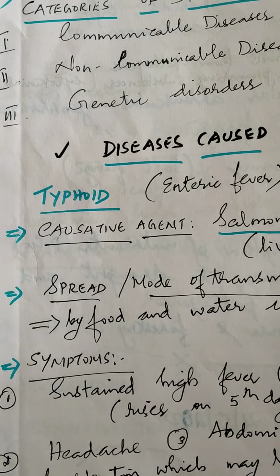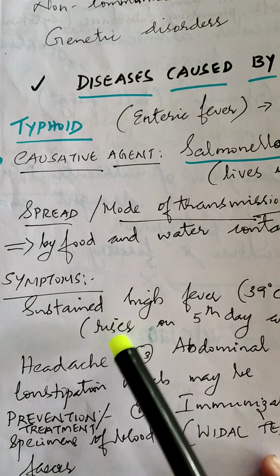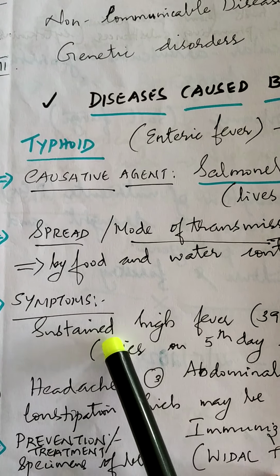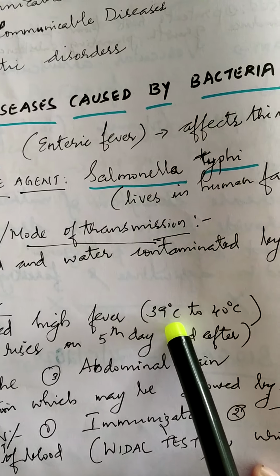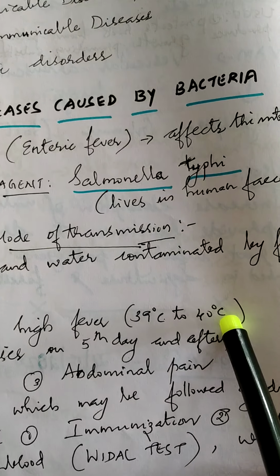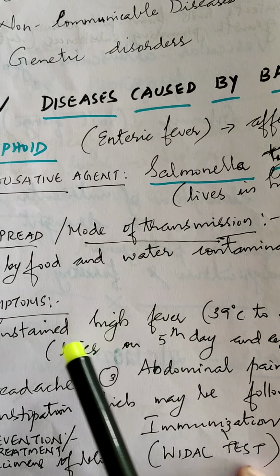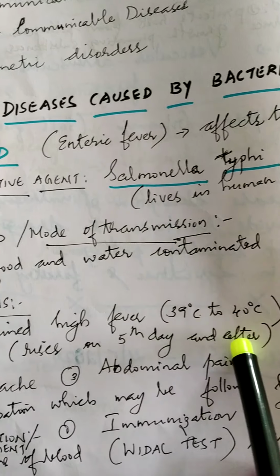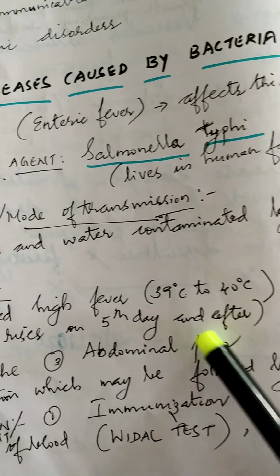Now, moving on to the symptoms of the disease. Since it is a type of fever, one main symptom is sustained high fever, and the temperature may range from 39 degrees Celsius to 40 degrees Celsius. And the fever rises on the 5th day and after. Second symptom includes headache. Third is abdominal pain.